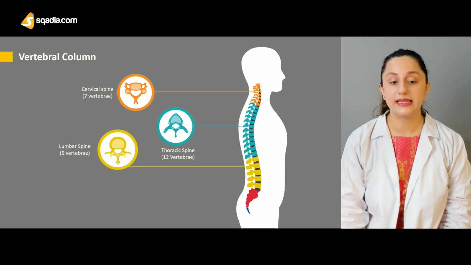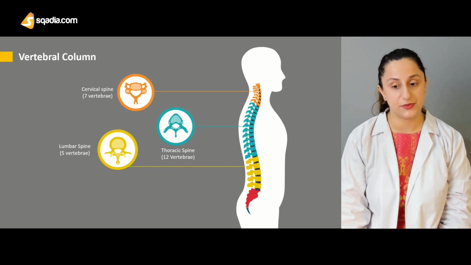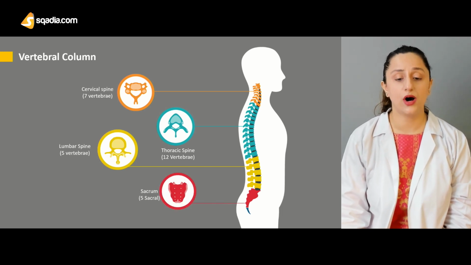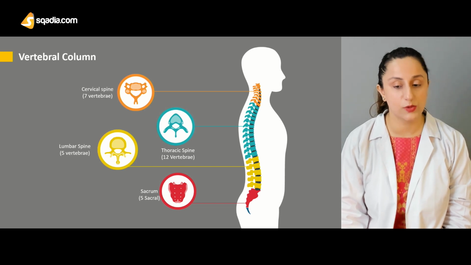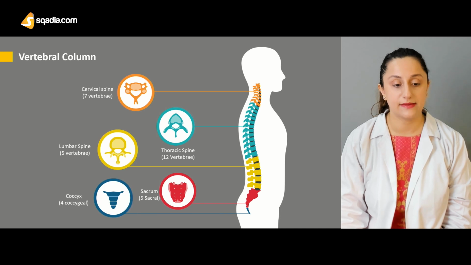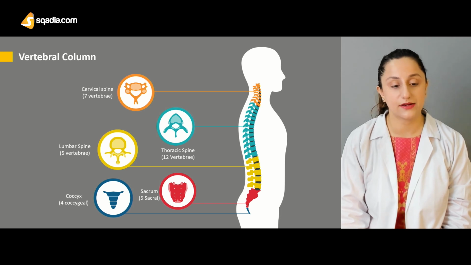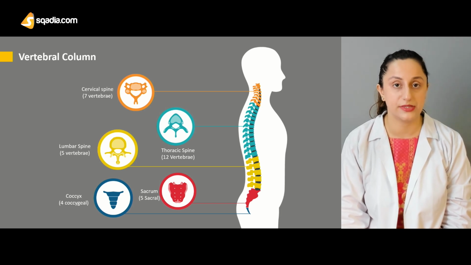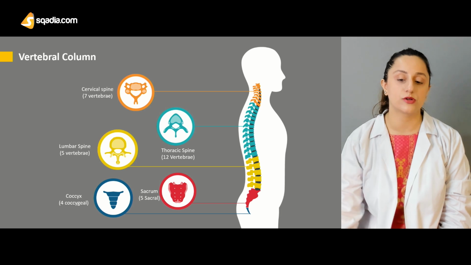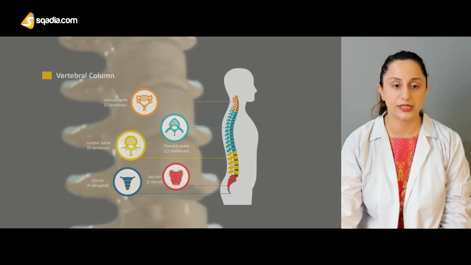And then we have the lumbar vertebrae, almost 5 of them. Moving on, we have the 5 sacral vertebrae, which are usually in a fused form. And then we have the 4 coccygeal vertebrae, which are basically the tail vertebrae. There is a joint between the sacrum and the coccygeal vertebrae, known as the sacrococcygeal joint, and a limited or restricted amount of movement is possible at this joint.